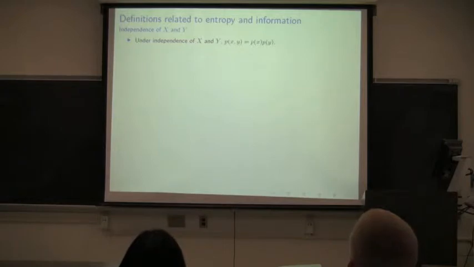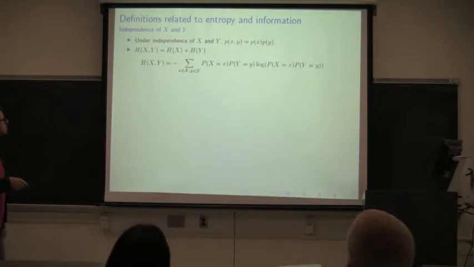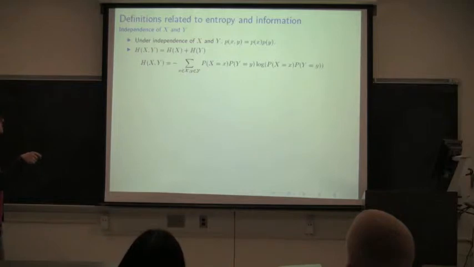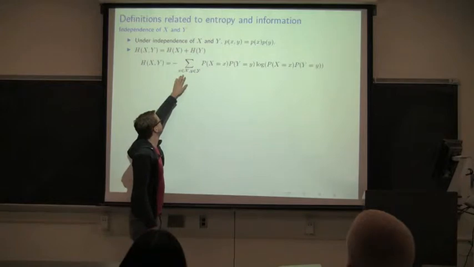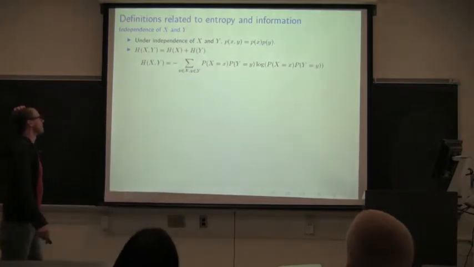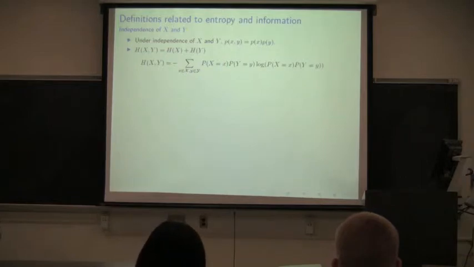Well, under independence of x and y, the probability distributions of x and y factorize, and the joint entropy in this case is the sum of the entropies. Let's prove that. The joint entropy is the sum over all the values of the joint probability times the log of the joint probability.